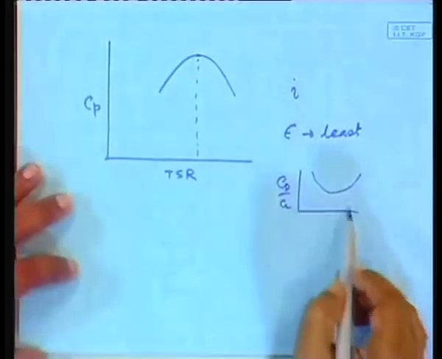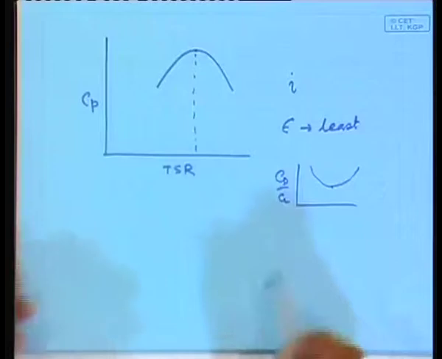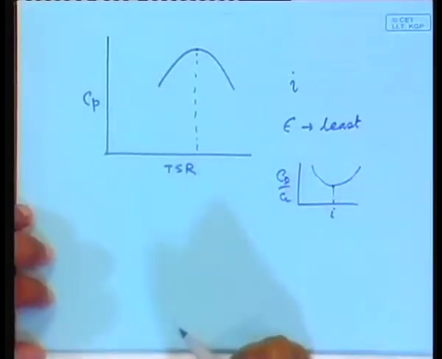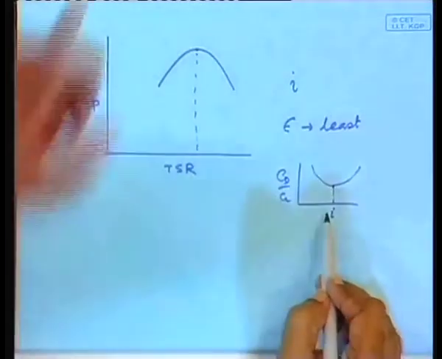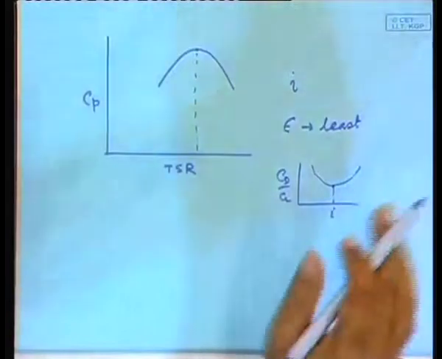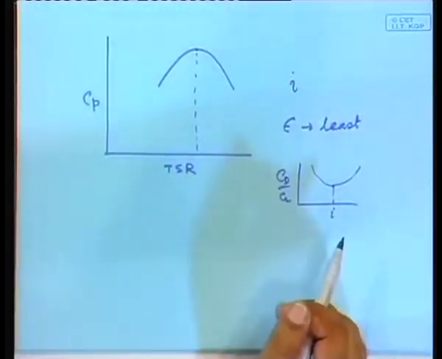By drawing the tangent, or simply you divide the CD by CL and draw a graph. So, you draw a graph CD by CL and you get the minimum point, that will be corresponding to a specific value of i, and that angle of attack should be maintained. That is the logic from the point of view of each airfoil.